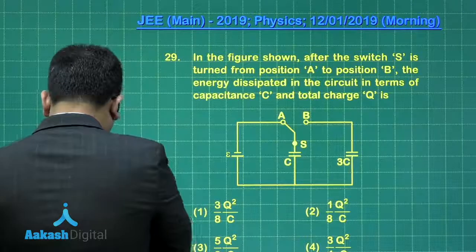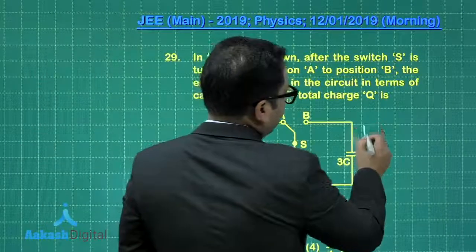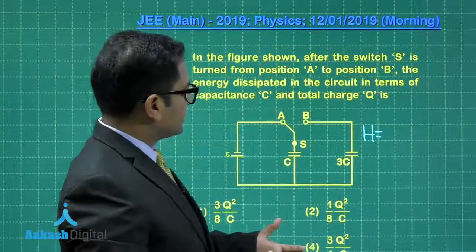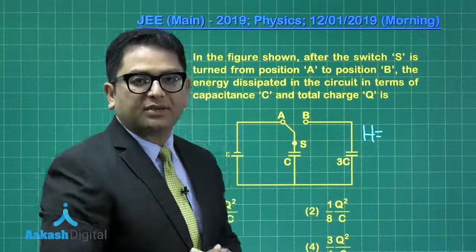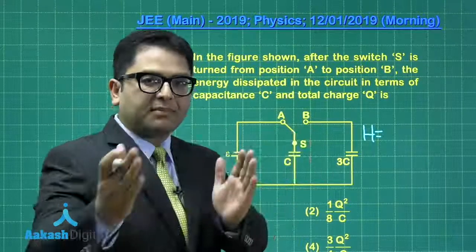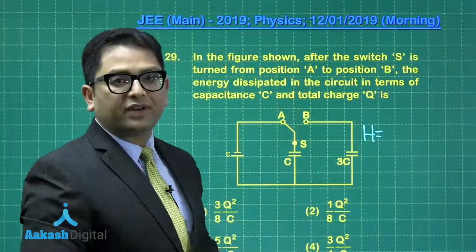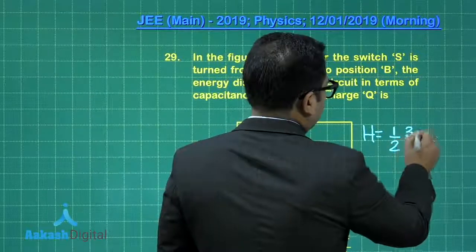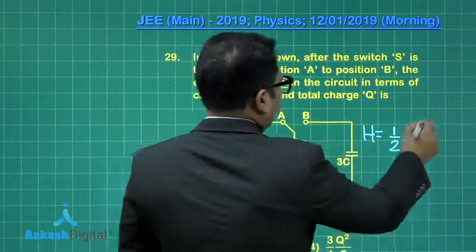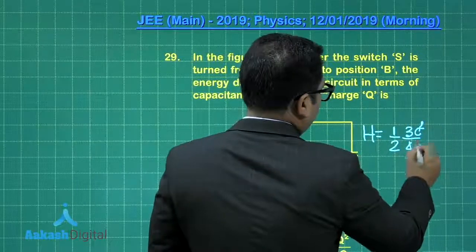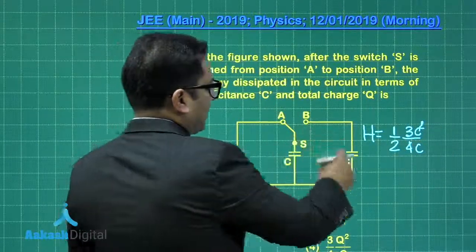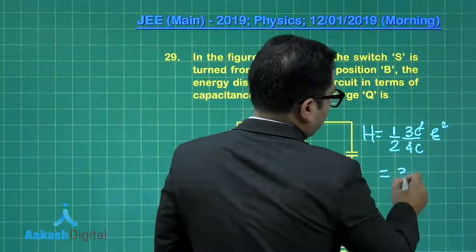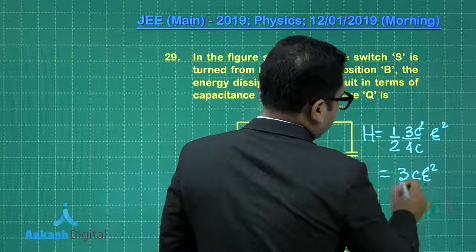To solve this, the expression of heat, I expect that every one of you knows it: half C1 C2 by C1 plus C2 into V1 minus V2 whole square, where V1 and V2 are the initial potential differences. So half C1 C2 by C1 plus C2 is going to be 4C, and V1 minus V2 whole square will be E square, and that is 3C E square by 8.